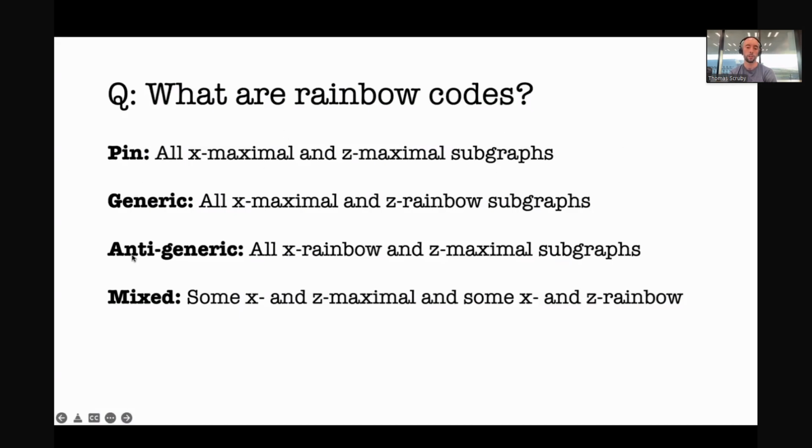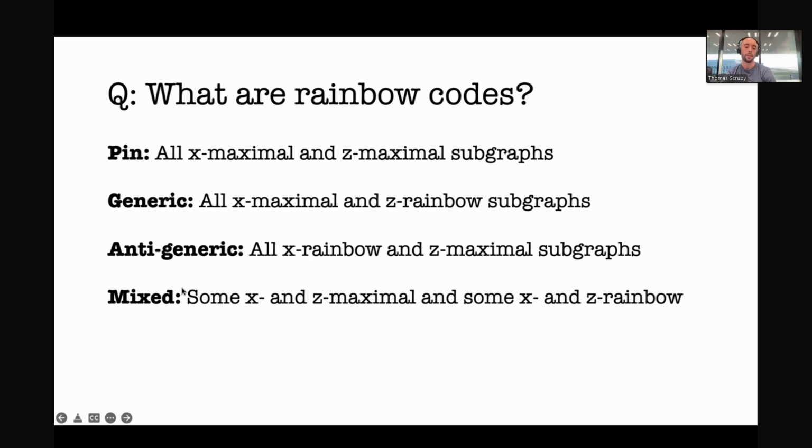Then we have two classes we call generic and anti-generic. This is where you put your x stabilizers on all of the x maximal subgraphs and your z stabilizers on all the z rainbow subgraphs. So you take all the logicals that were living on the z rainbow subgraphs and promote these to logical operators. This is the case where you do the opposite: you take all the ones on the x rainbow subgraphs and make these logical operators.